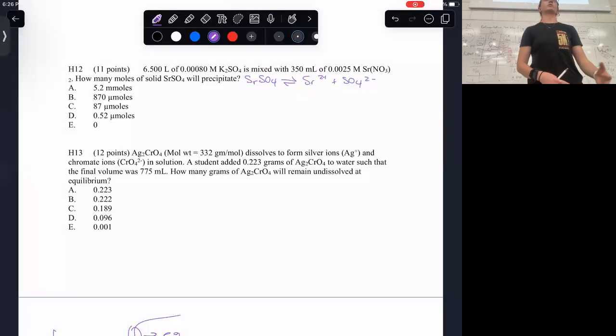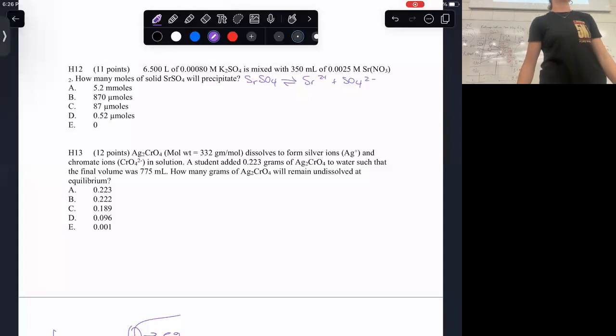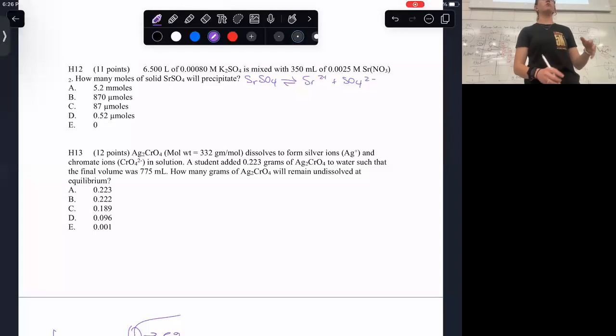Yep, it's X, and that comes from the equilibrium. But do we know concentrations of ions to begin with? Yes, we do. We have potassium sulfate and we have strontium nitrate.